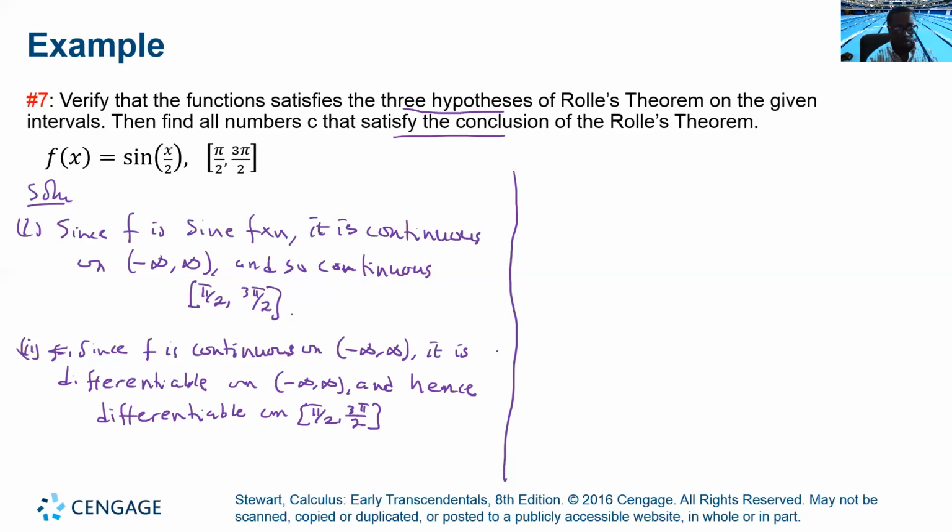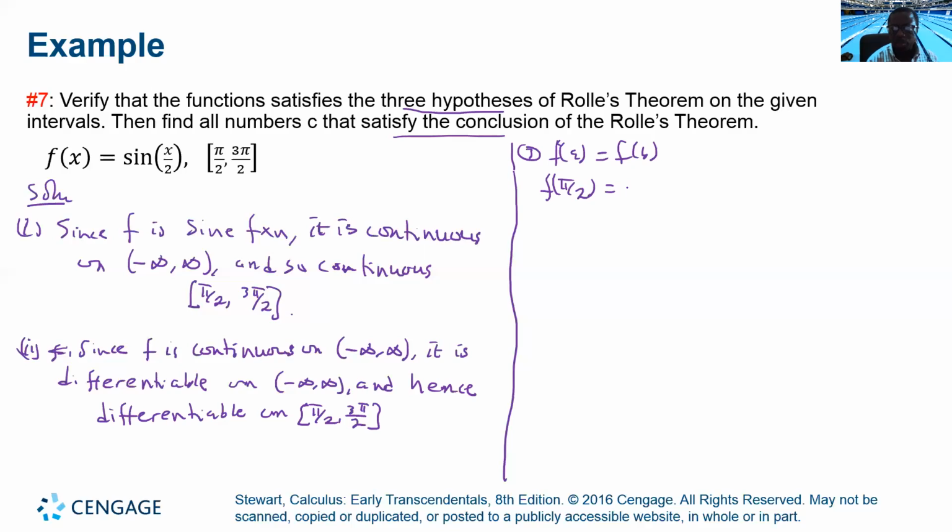The third one, number 3, says that f of A is equal to f of B. So we want to find f of pi by 2.